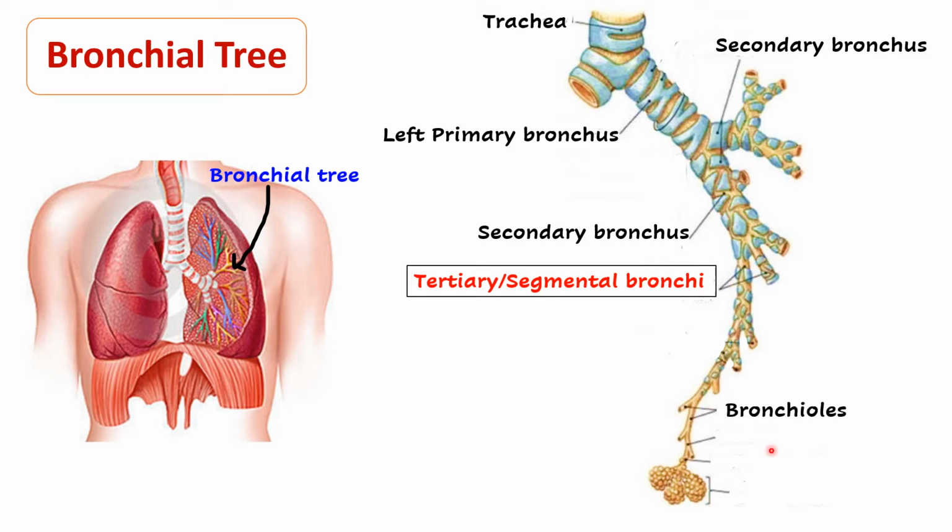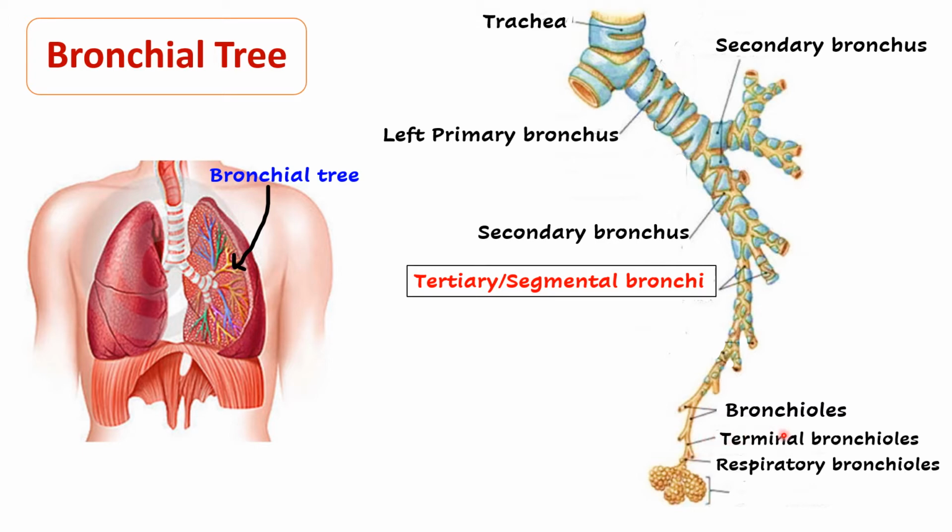And then a time comes when we start calling these subdivisions bronchioles. So when do you call them bronchioles? You can see here these light blue colored structures. These are the cartilage rings and the cartilage plates. Now in case of bronchioles, there won't be any cartilage in their wall. Now these bronchioles also further subdivide.